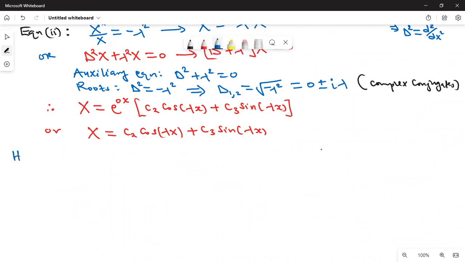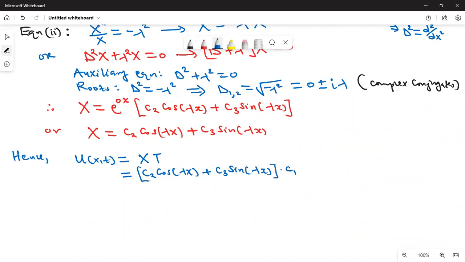Hence, u of x, t will now be equal to x times t, which we know our x to be C2 cosine of lambda x plus C3 sine of lambda x, times the other one, which was C1 exponential negative alpha lambda squared t.